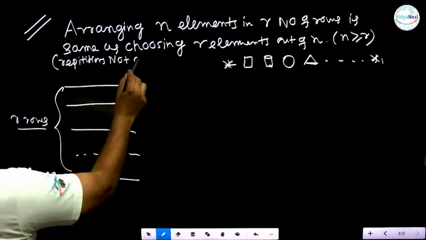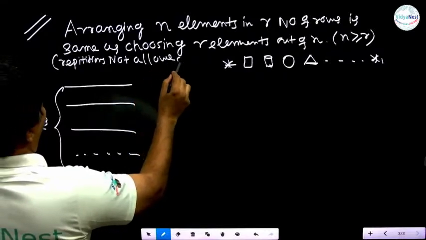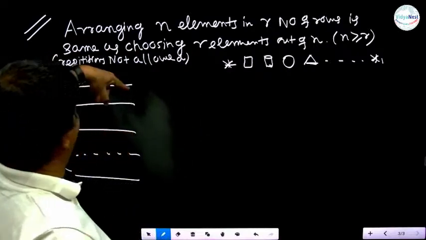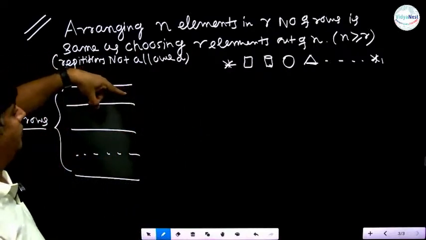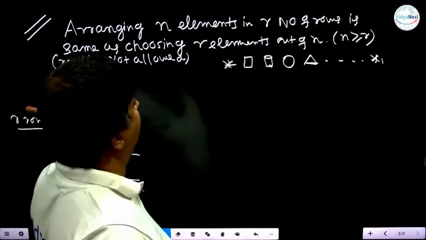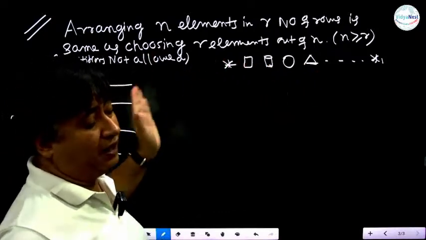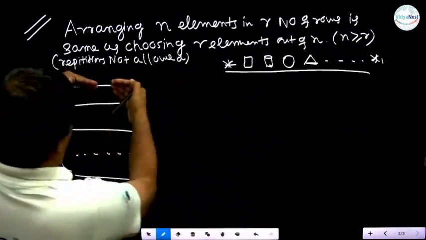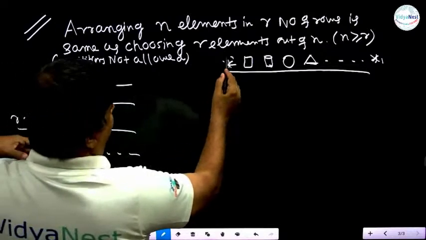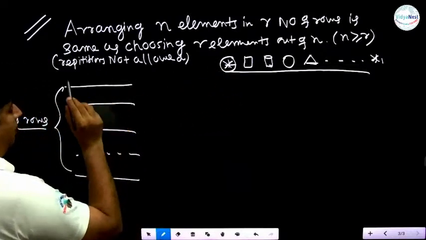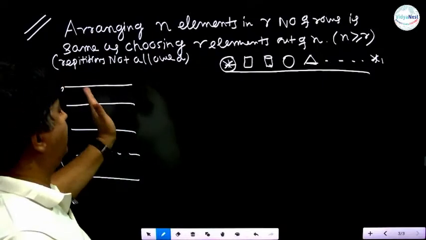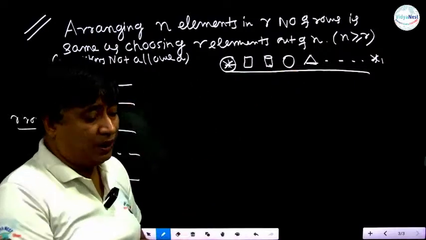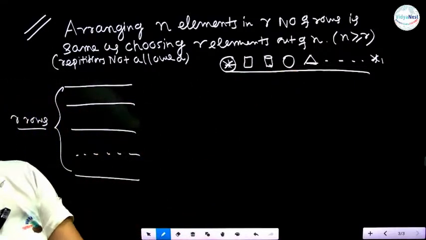Repetition not allowed means once you choose one element to put in any row, that element will not be returned to the bunch. Suppose there are these number of students and there are R benches. You call this student to occupy the first bench. That means that student will not return to that group of students. Understand?